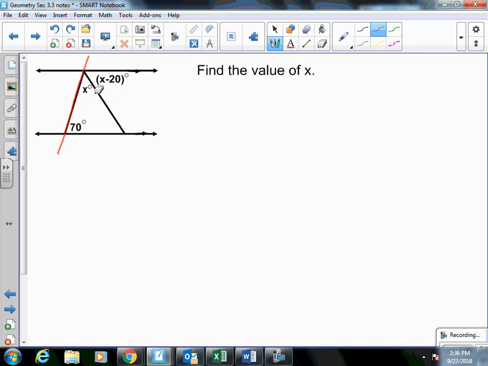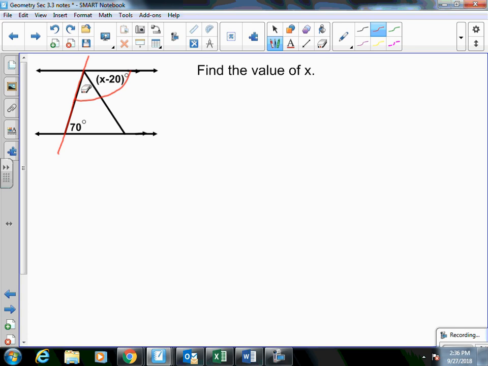So if we look at the top, there's actually two angles here. But if I look at this top angle going from the transversal to the parallel line that the transversal intersects, that angle includes two angles.